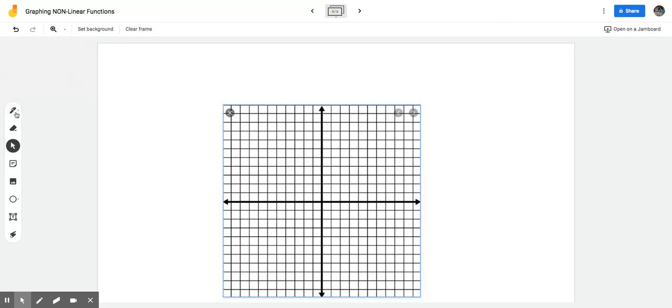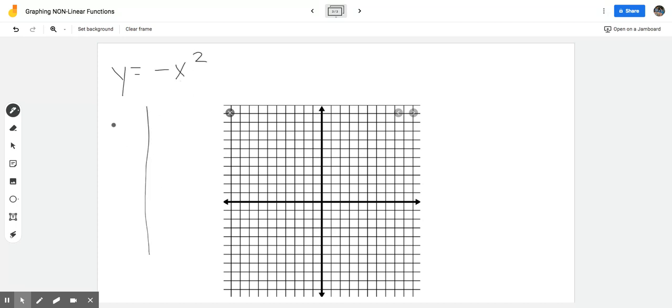This goes back to our parent function from before. Let's say that we have y equals -x squared. Here's my default domain: -2, -1, 0, 1, and 2. Now -x squared is like saying -1 times whatever your x squared is.